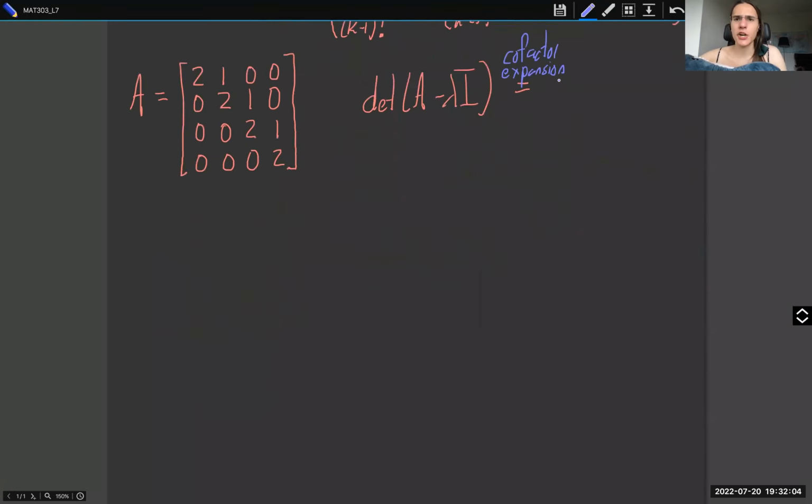And the idea behind a cofactor expansion is that if you have a general determinant, so I'll write this in a different color. If you have any matrix and you have values A11 through AM1, A1M.